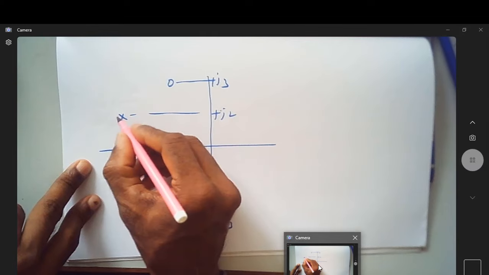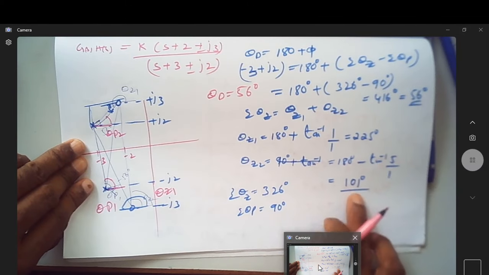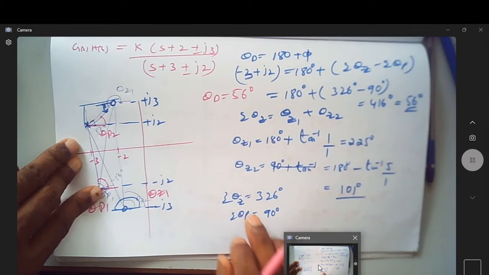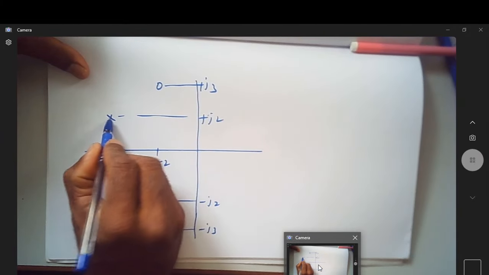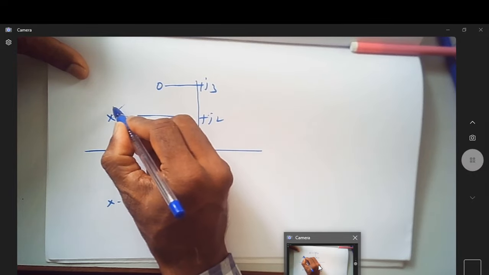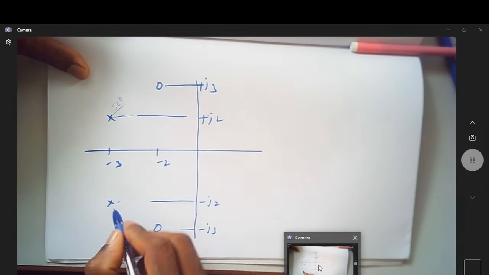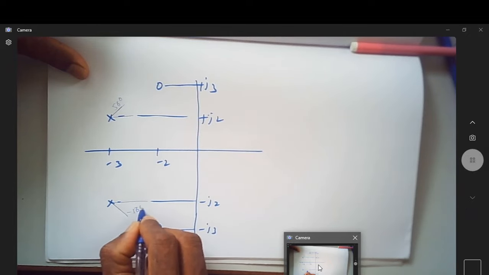And we know that the angle of departure is 56 degrees. So we draw a line at an angle of 56 degrees. This is the 56 degree line, and this is the minus 56 degree line.